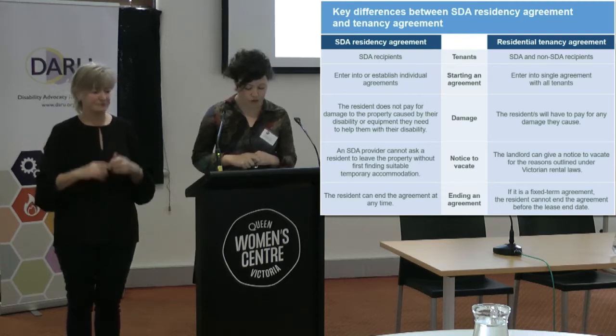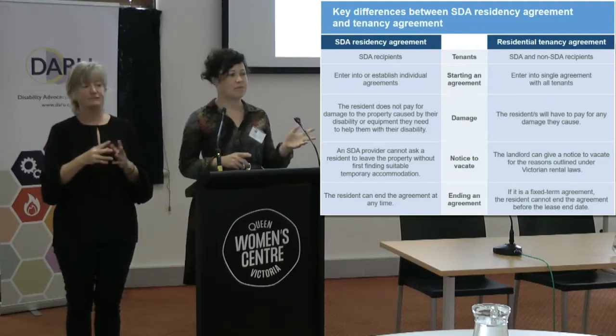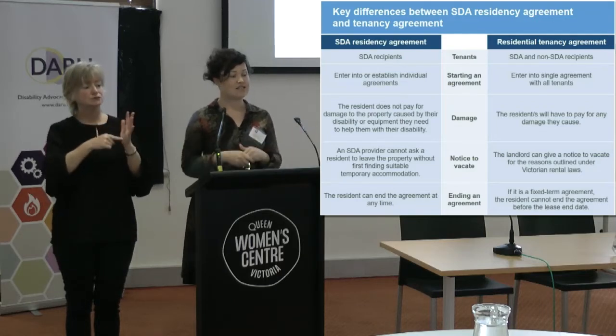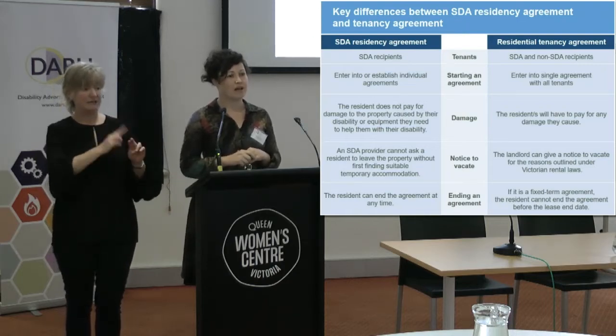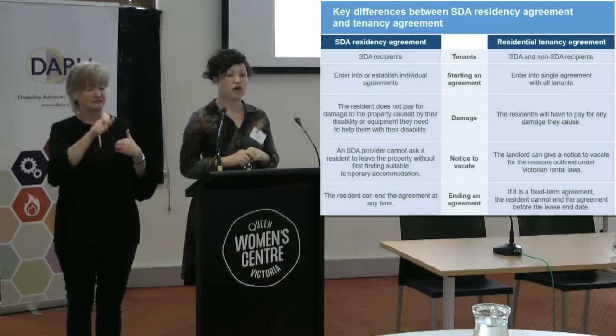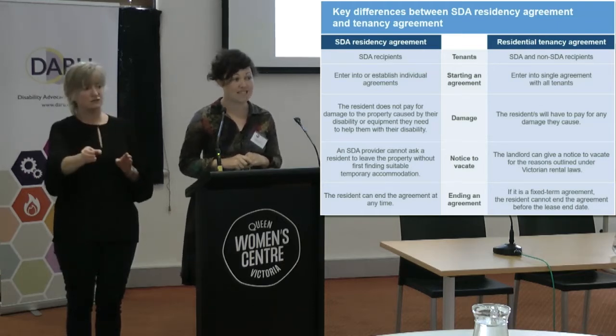So I'll move on to notices to vacate, and this is an SDA provider asking a resident to leave. Under a SDA residency agreement, a resident needs to be given a notice of temporary relocation before giving a notice to vacate, and that's for a minimum period of 90 days.